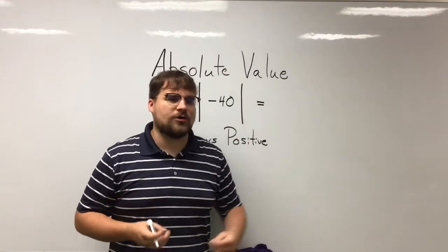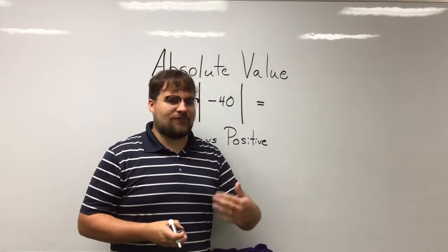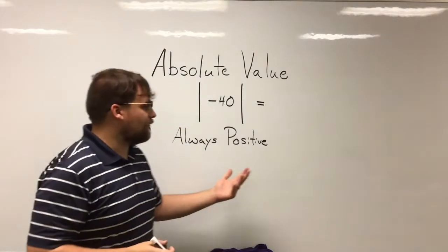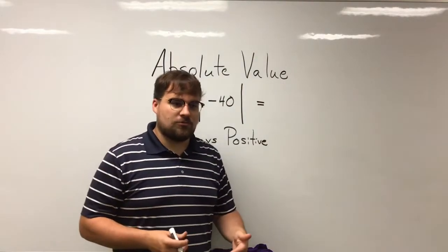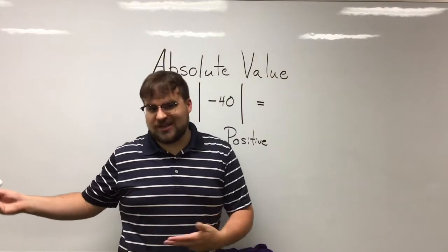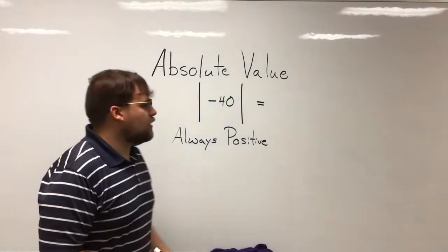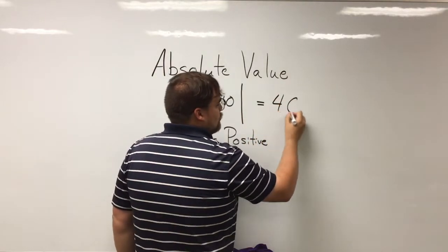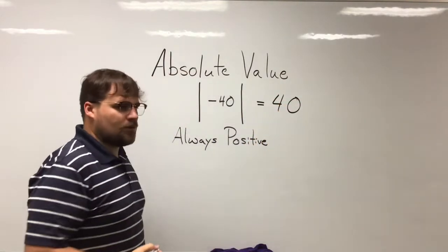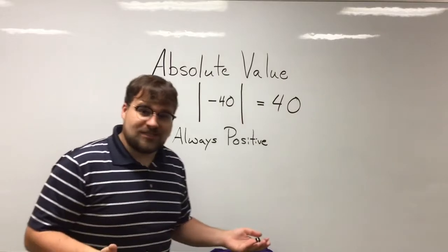Like how far is -40 away from 0? Well, -40 is actually just 40 units away from 0, but on the negative side of the number line. So the absolute value of -40 is just 40. That's as simple as it is.